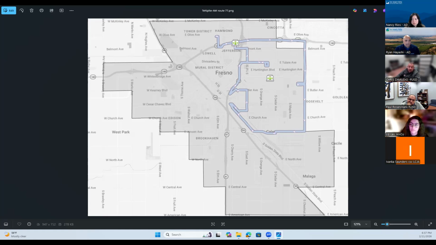It doesn't necessarily mean that we're going to prioritize or target everything around our magnet schools. But my team will be analyzing our runs that service this region and trying to establish some routes on that.